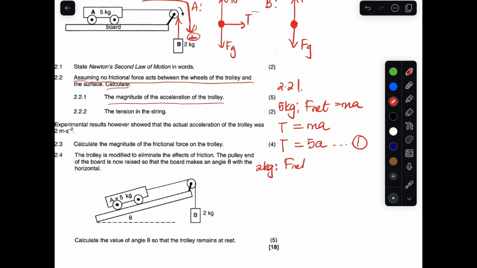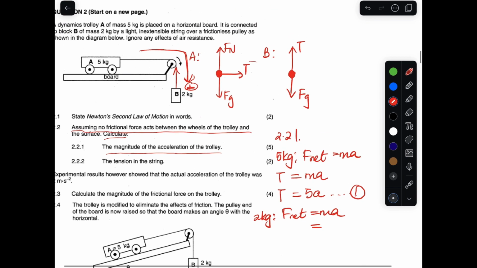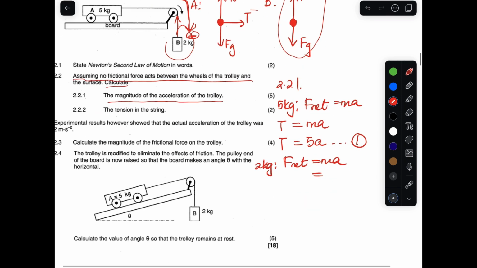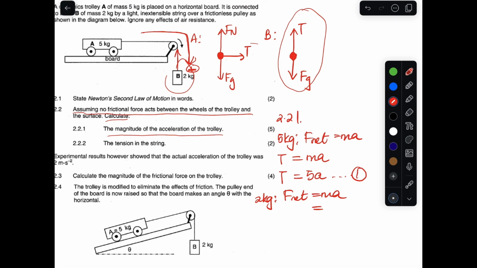F net is equal to ma. Then what are the forces acting on this one, the one that is suspended there? The tension force is going upwards, so it's going to be negative, and the Fg is going downwards, so it's positive, equal to ma.